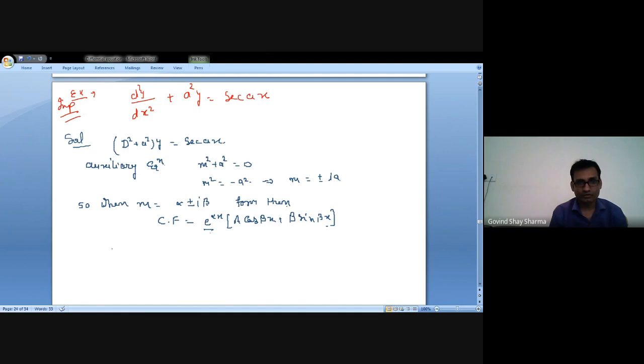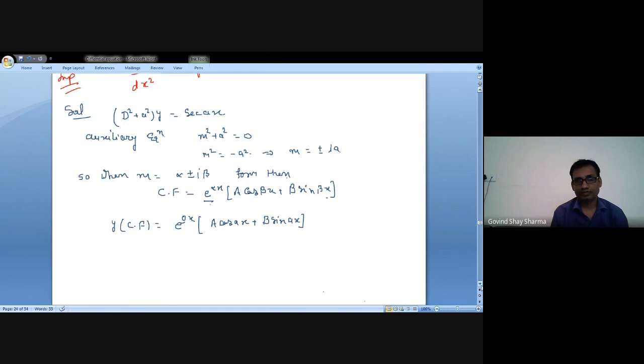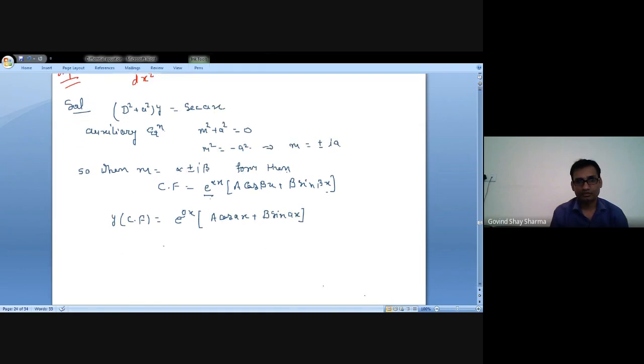So the CF is e to the power 0 times c1 cos ax plus c2 sin ax, because e to the power 0 is equal to 1. This is equation number 1.